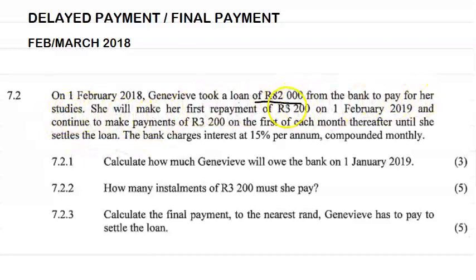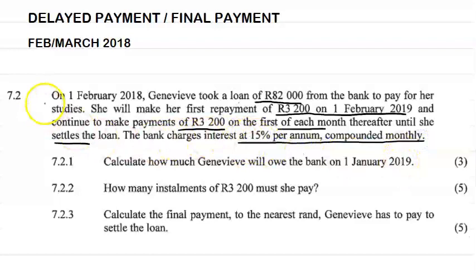She will make her first payment of 3,200 rands on the 1st of February 2019 and continue to make payments of 3,200 rand on the 1st of each month thereafter until she settles the loan. The bank charges interest at 15% per annum compounded monthly. Calculate how much Genevieve will owe the bank on the 1st of January 2019.